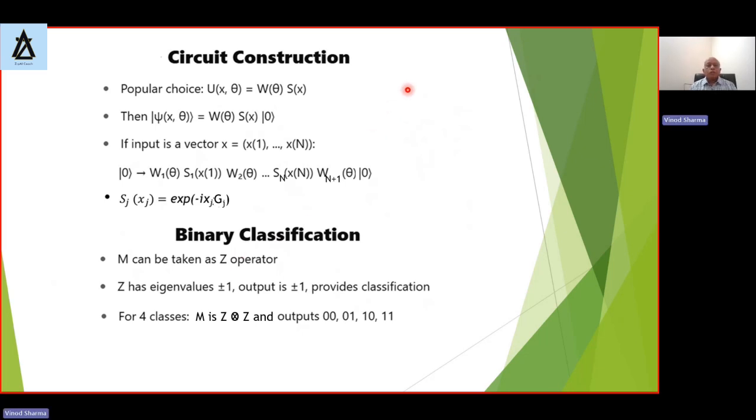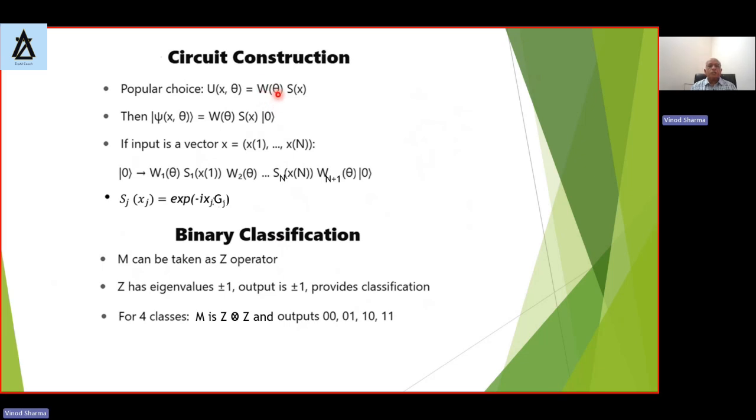Now we talk about what kind of circuits U(x, theta) we are going to consider. We have the flexibility to consider many of them. One popular choice is, if the input, the observation x, is a scalar, then U(x, theta) will be given by S(x) multiplied by W(theta). So the theta parameter comes here.